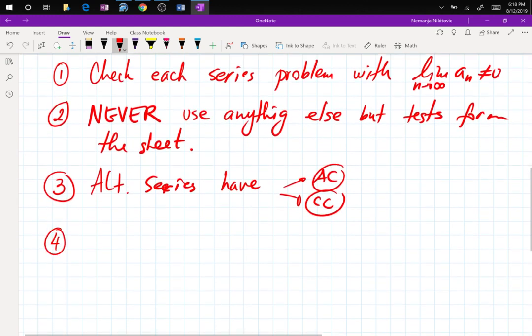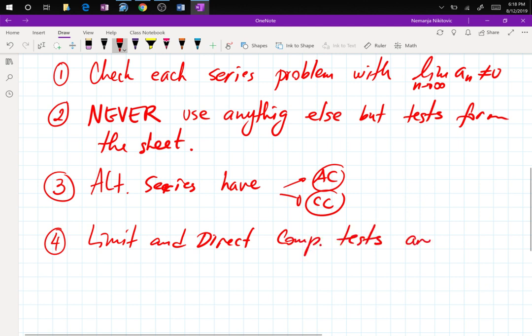What else is important? Limit and direct comparison tests are the last resort tests. Don't push to do those first. Go through the whole list.